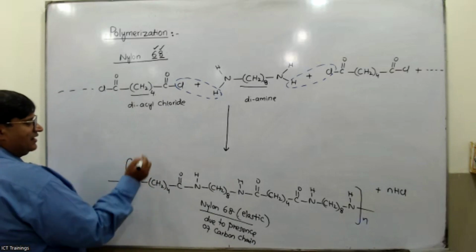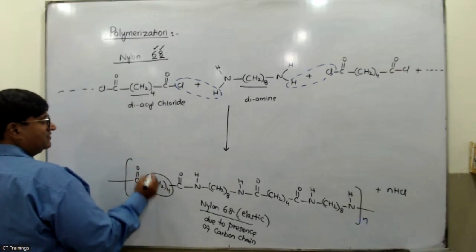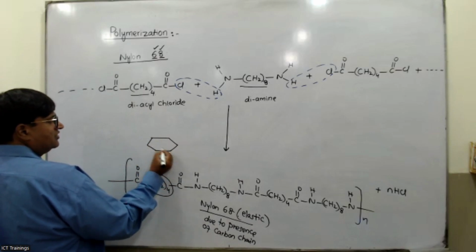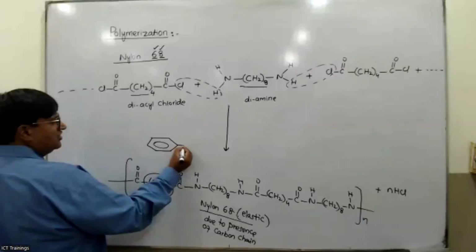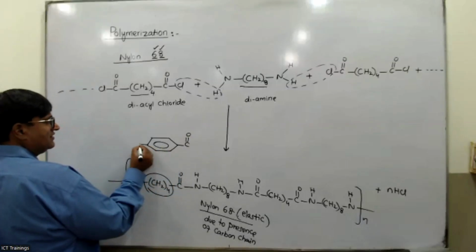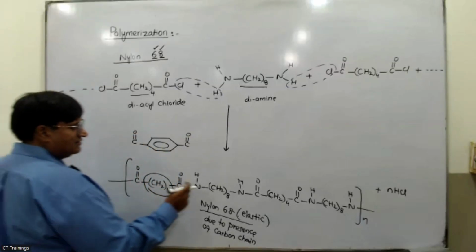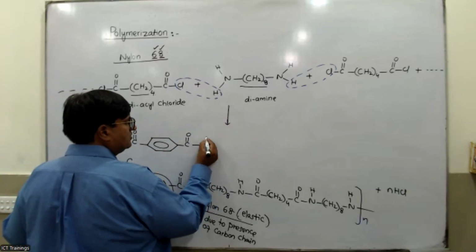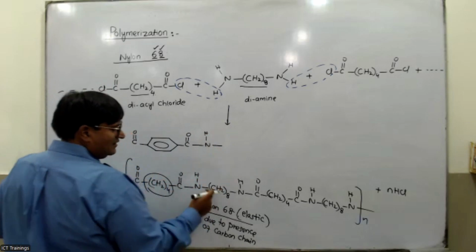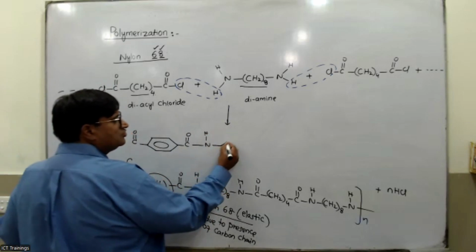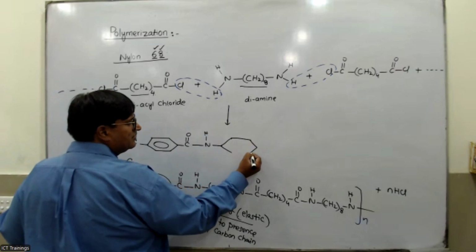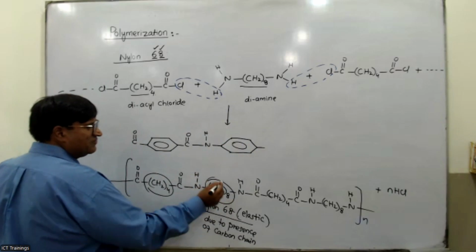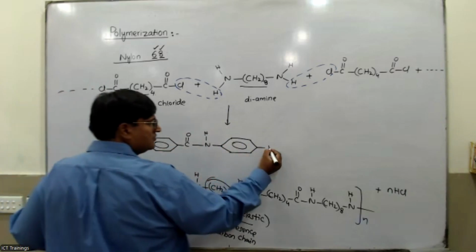So let's suppose I replace this carbon and hydrogen chain with a benzene group like that. And then you have NH, and then this carbon and hydrogen chain we should make the benzene group again. So the carbon and hydrogen chains are replaced by the benzene group.